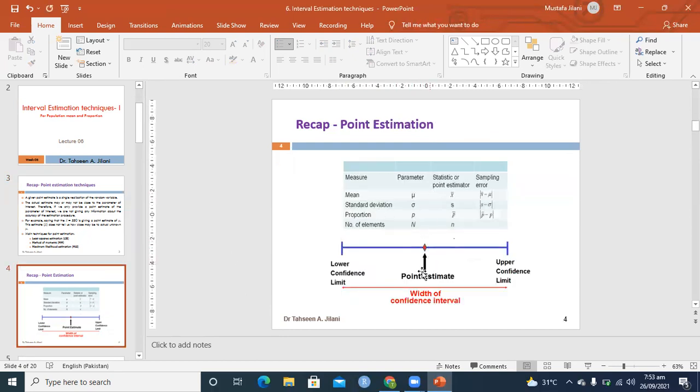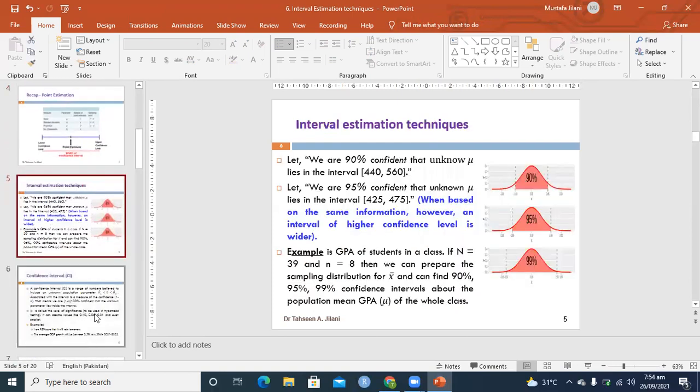A point estimator is a single realization, whereas a confidence interval shows a lower confidence limit and upper confidence limit, LCL and UCL. And therefore we have a width of the confidence interval, rather than a single value. For a confidence interval, we have this example.